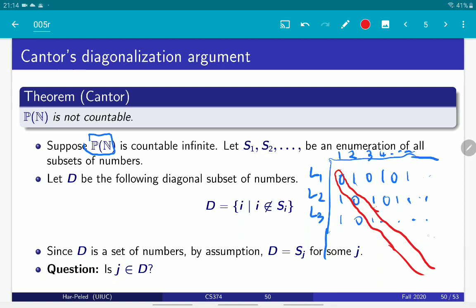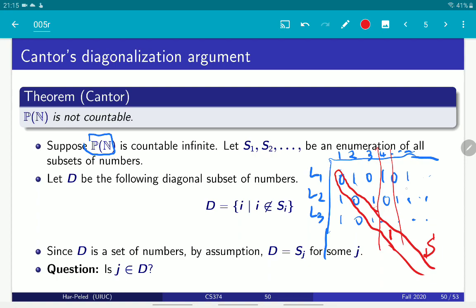Let's call it S. S is just a set, because if there is a 1 written here, it means that the corresponding number is in the set.